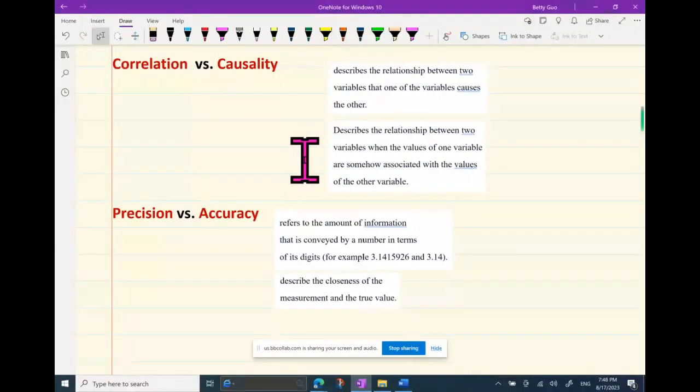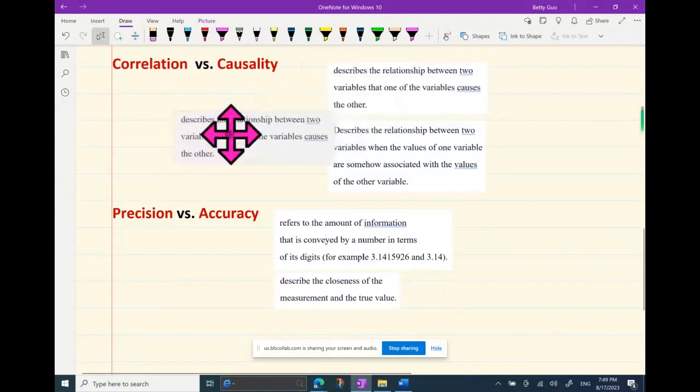But does that mean a high IQ score of the husband actually causes the high IQ score of the wife, or a high IQ score of the wife causes the high IQ score in the husband? Causality represents that one variable causes the other variable. So correlation does not necessarily give us causality.